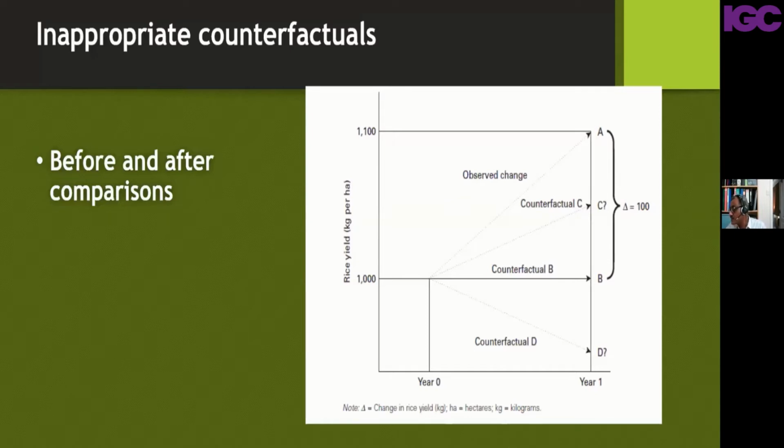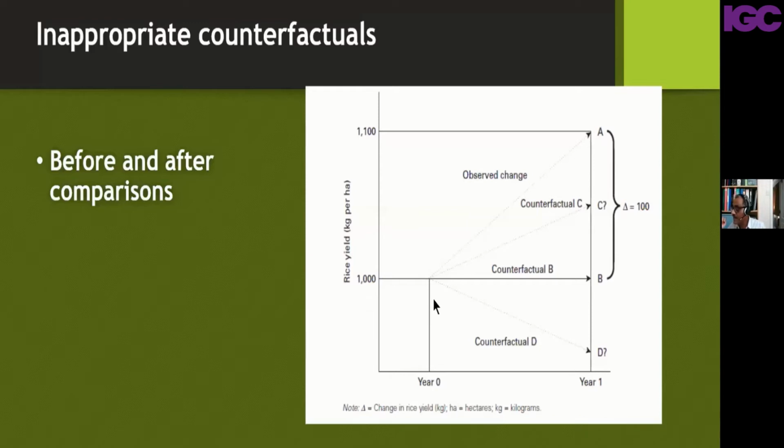Now, suppose the beneficiary's yield, if the beneficiary had not participated in the program, was shown by this point C. Then in that case, the impact of the program would have been A minus C. So that is the impact that can be attributed to the program.